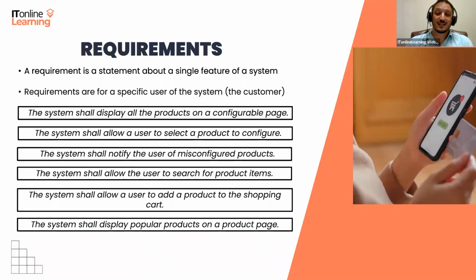What we can say is that in its basic form, each requirement is simply a statement about what needs to go into the system or what features need to go into the system.